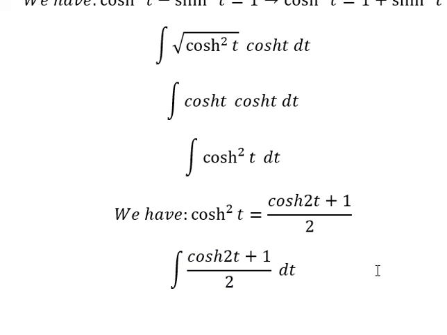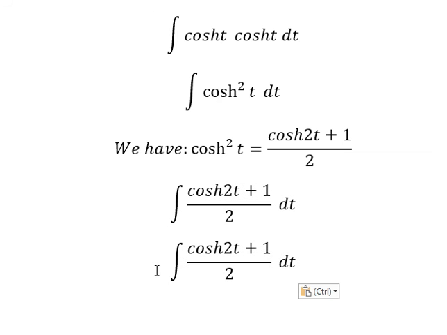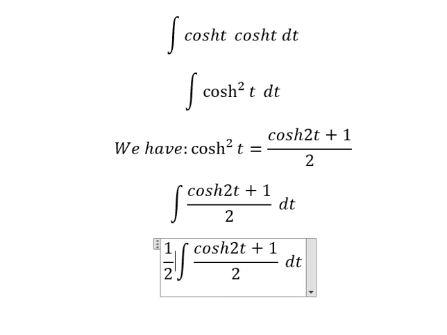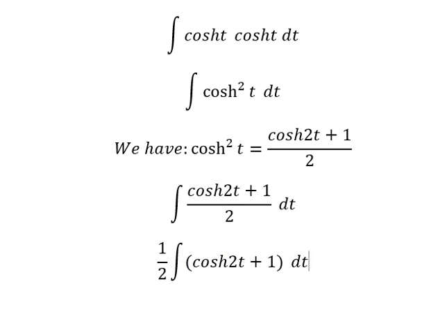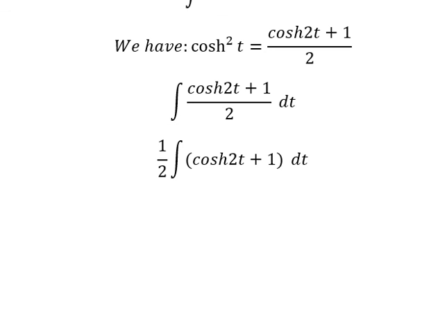Now I will put the 2 outside. And now we get the final answer. The integration of cosh 2t gives you 1 over 2 sinh 2t.